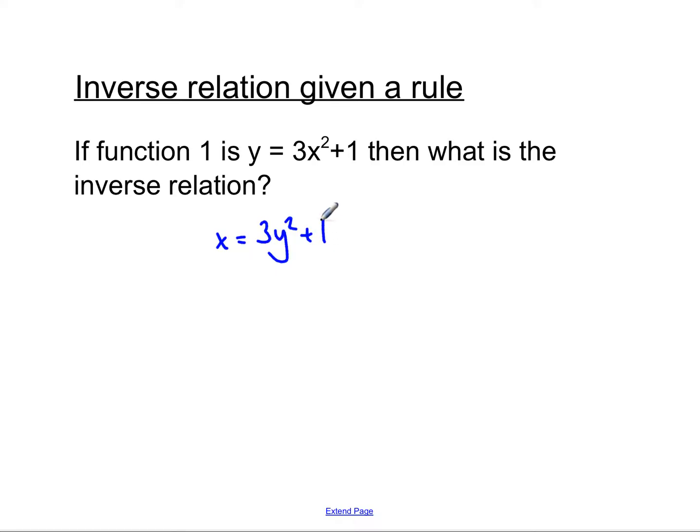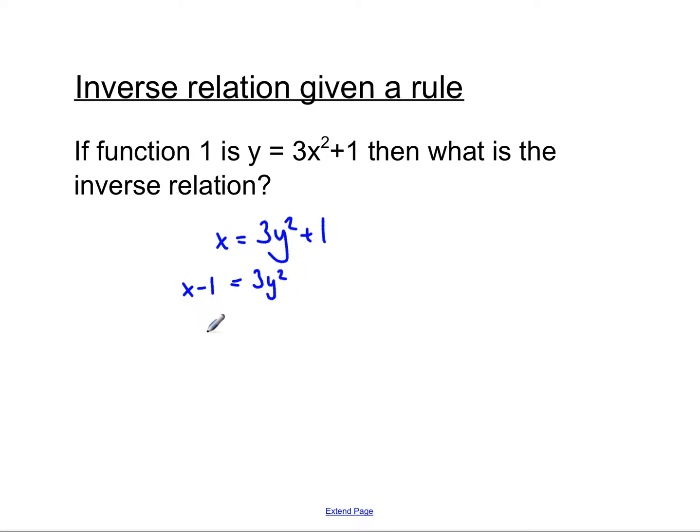And generally, we want our functions to have y alone, because we're going to plug in an x value, and we want to spit out a y value. So this is a true rule, but generally, we have to then solve for y. So if I'm solving for y, first I will bring over the 1. So we'll have x minus 1 equals 3y squared.